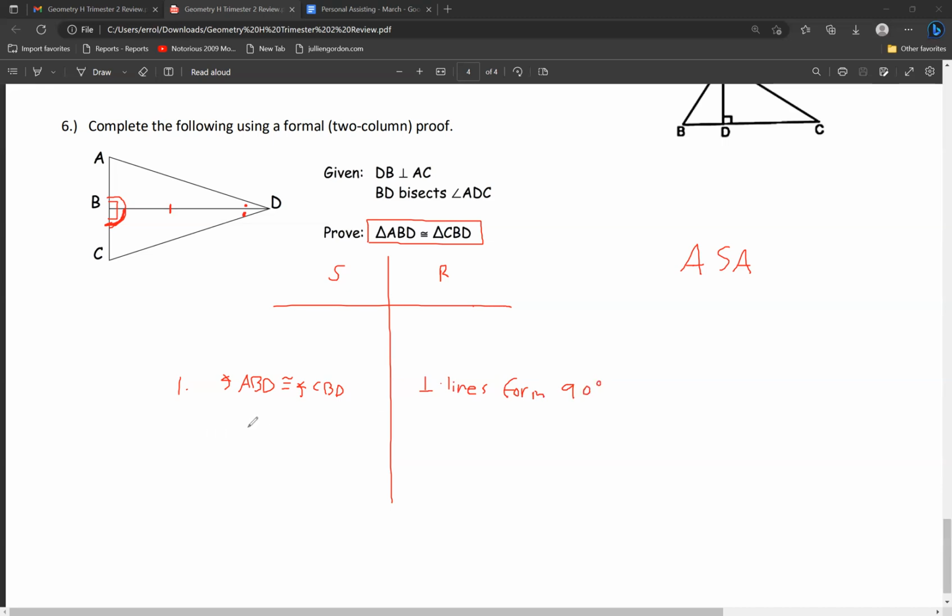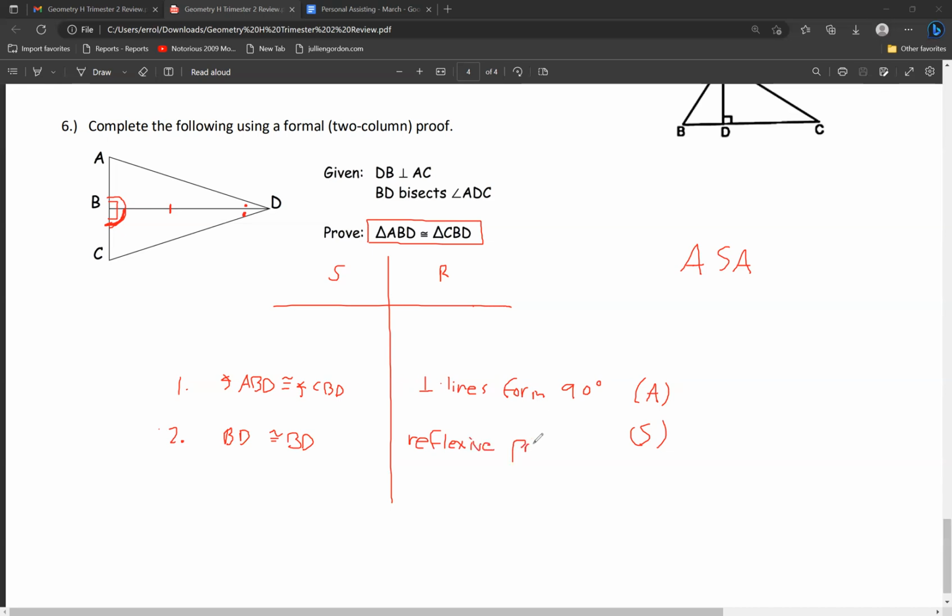That's number one. So this is the angle. What's the side? This one will be the side: BD is congruent to BD. And what's the reason? Reflexive property, or just common.